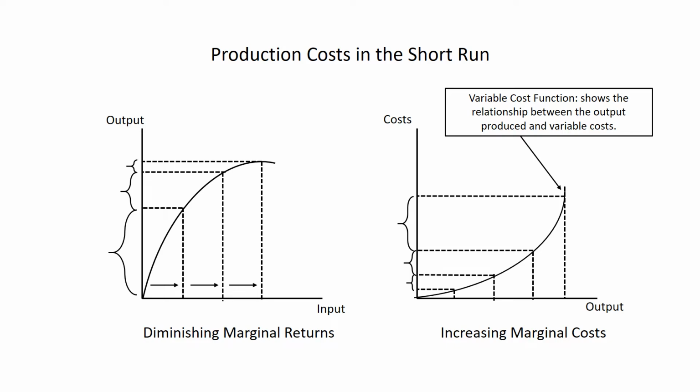Because labor is less productive as more workers are added, for whatever reason, in the case of the grave diggers, you'll recall it was crowding, it takes more of an input to produce a unit of output. The fact that the variable cost function is rising at an increasing rate results from the fact that the marginal cost of additional increments of output is rising.